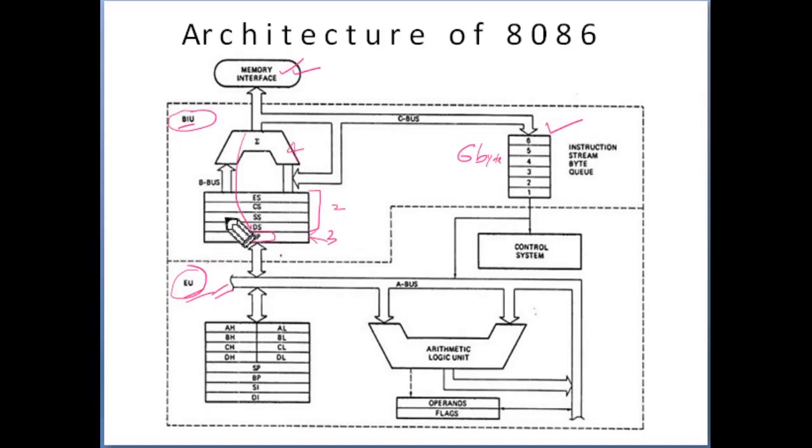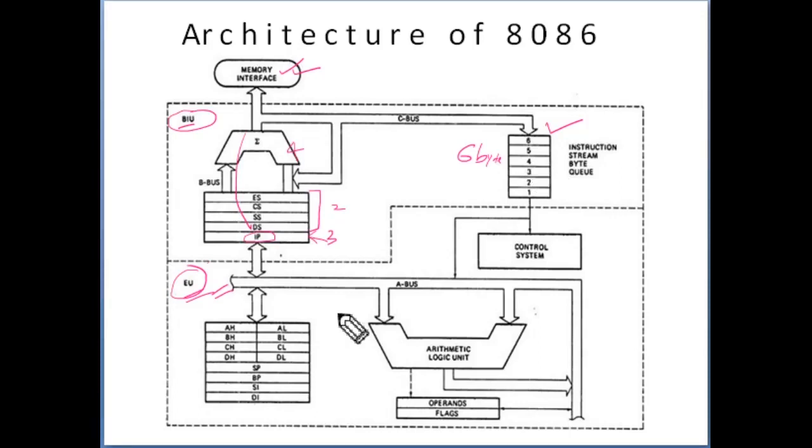So to eliminate that problem, there is an instruction queue available. So how will it work? Basically, it holds the next 6 bytes of instruction for the execution unit. For example, let's say the execution unit is ready. It will not depend on the bus interface unit, because the bus interface unit has already fetched the instruction and kept it here.